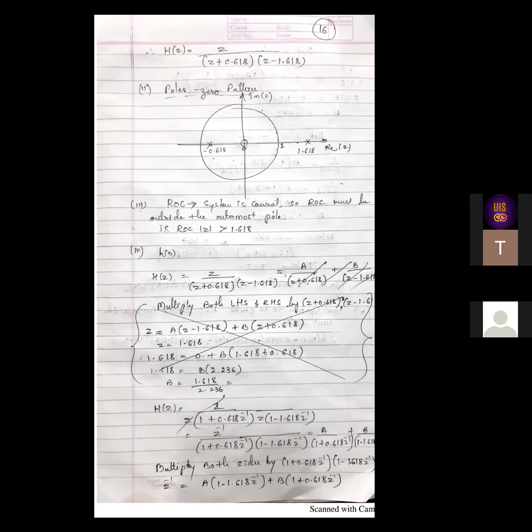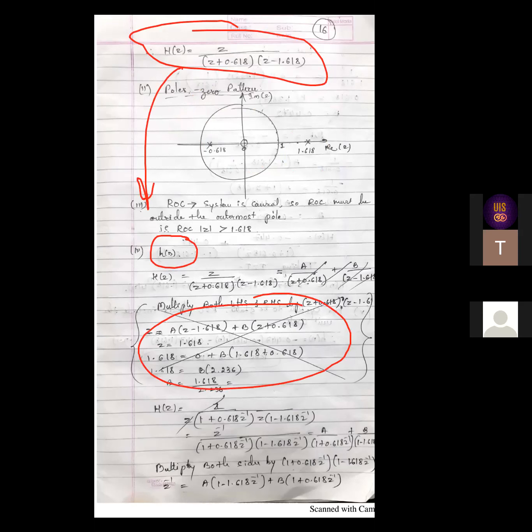Then going to the third point, we need to go for h of n. H(z) is already there. Apply the inverse z transform and we can get the impulse response h of n. Here, again, I took the same positive powers and got some complicated values.